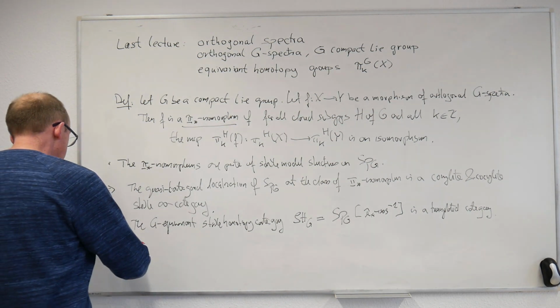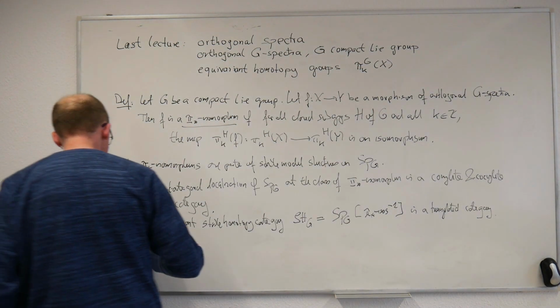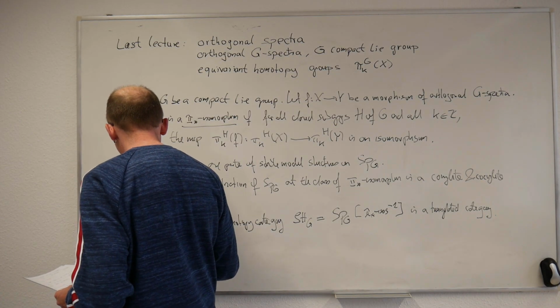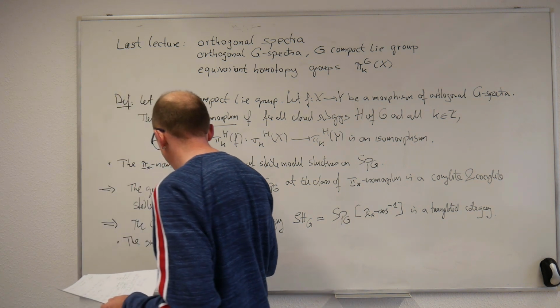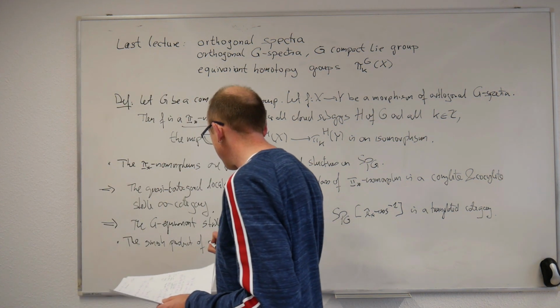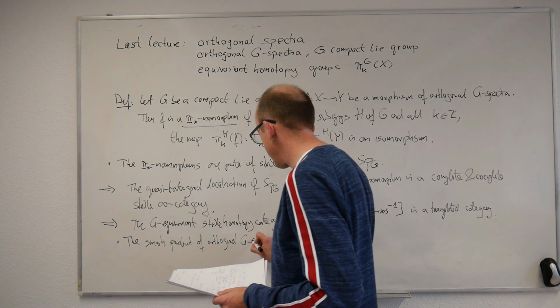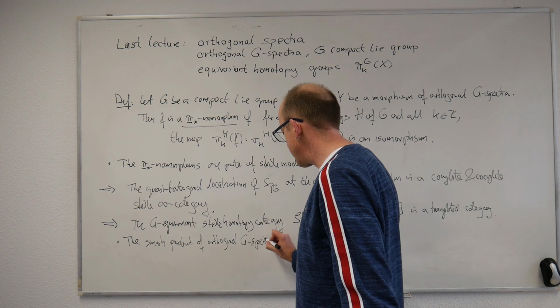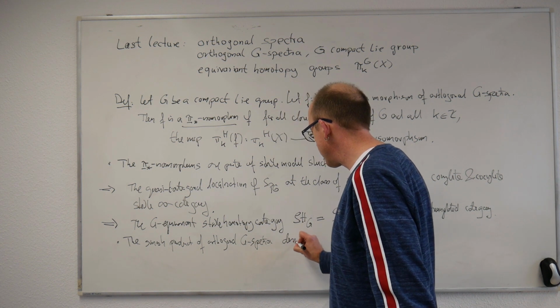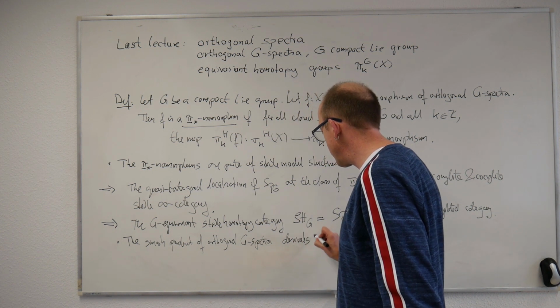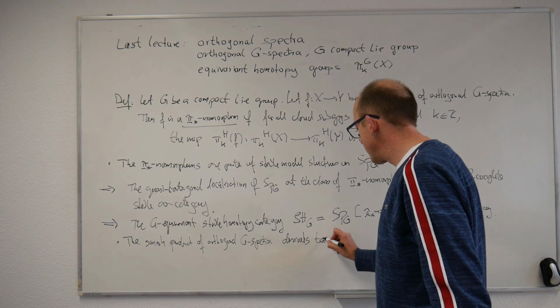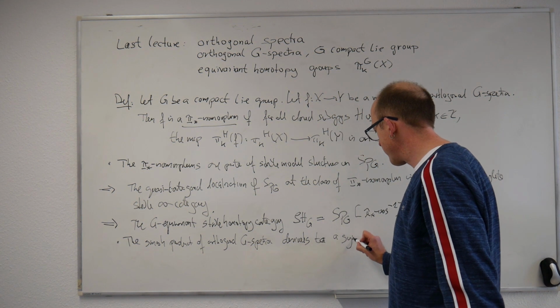So there's also another piece of structure that I just want to mention here, and this is that the smash product of orthogonal G-spectra derives to the homotopy category, or it descends if you want, and it derives to a symmetric monoidal structure.